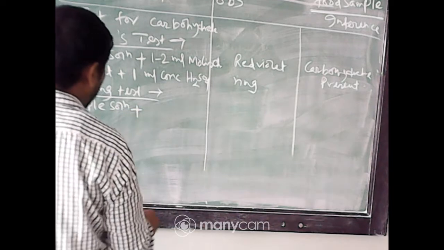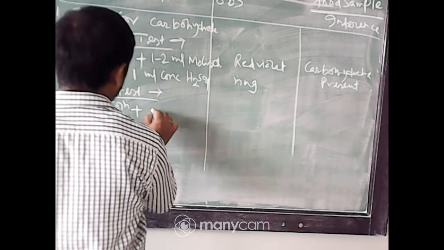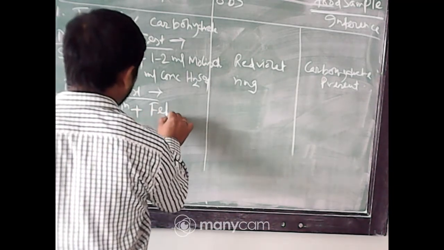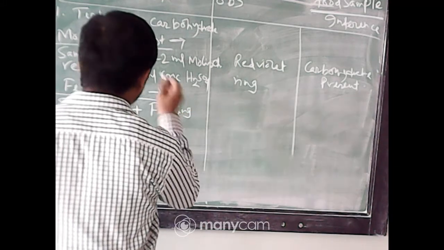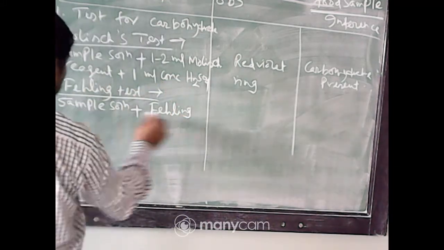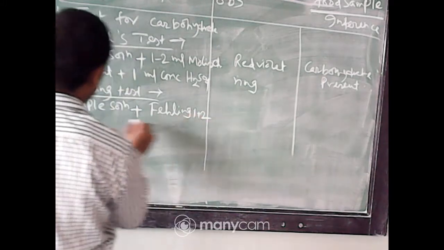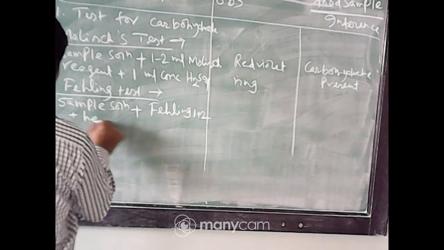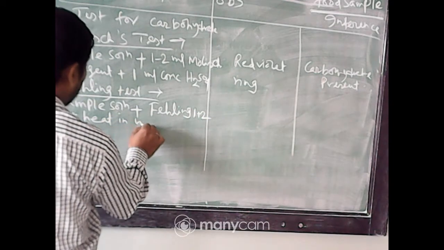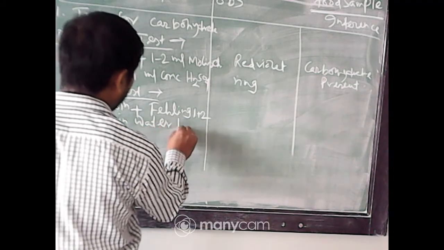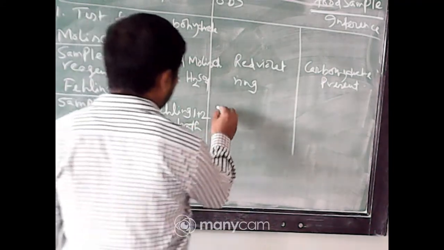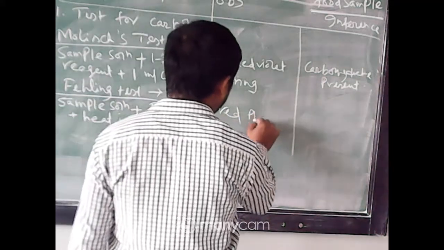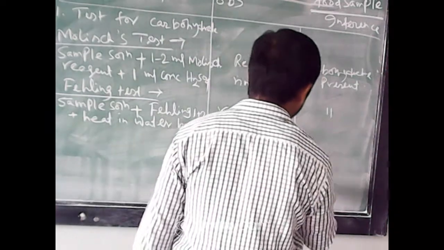Sample solution plus Fehling's A plus B, or 1 and 2, plus heat in a water bath. Red precipitate: carbohydrate present.